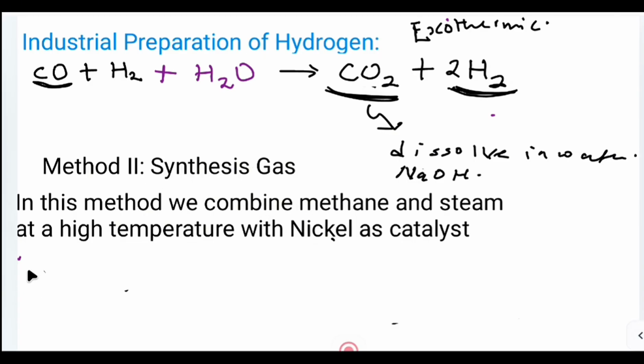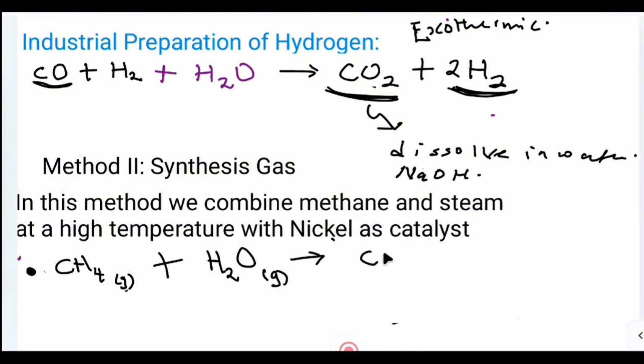And the way we do this is we take methane, that is CH4, a gas, and then we pass it over steam, a gas again, and it gives us CO plus 3H2, both gases.